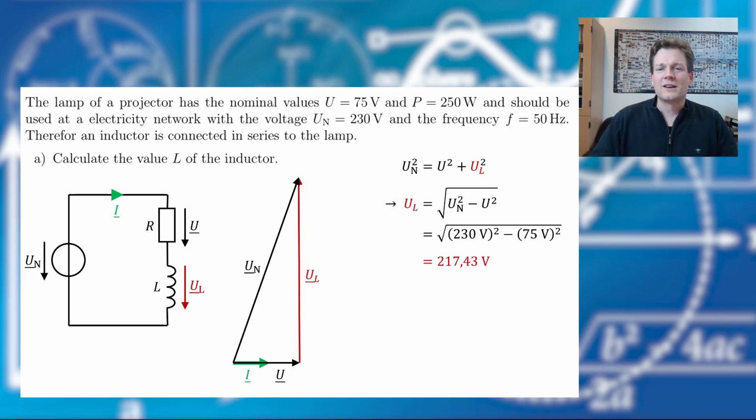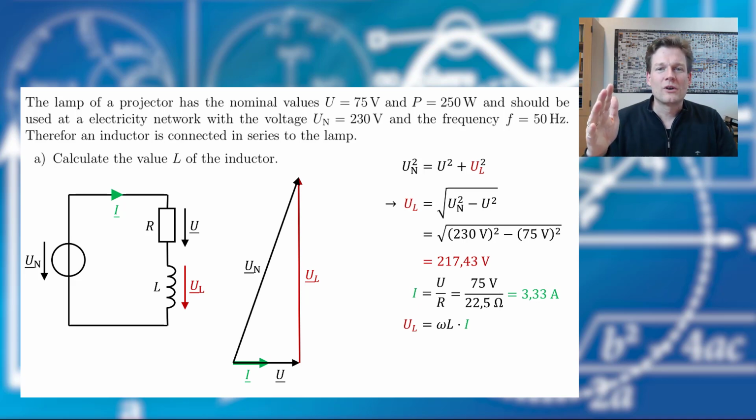We can calculate the current that flows there. We know the voltage drop at the lamp and we know its resistance, and therefore we find the value of our current. And now we can use Ohm's law at the inductor, and it looks like this.